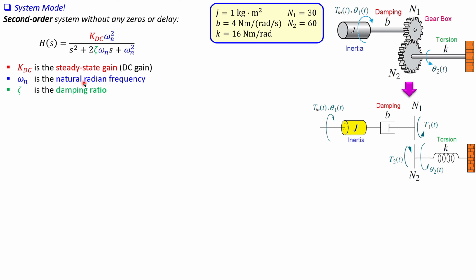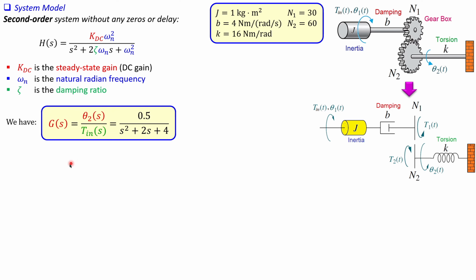We have the natural radian frequency in radians per second, which is omega n. And we have also the damping ratio, which is related to the overshoot, but also to the settling time and other parameters like the rise time, etc. We already determined that: 0.5 over s squared plus 2s plus 4.